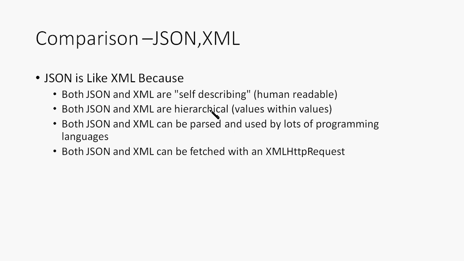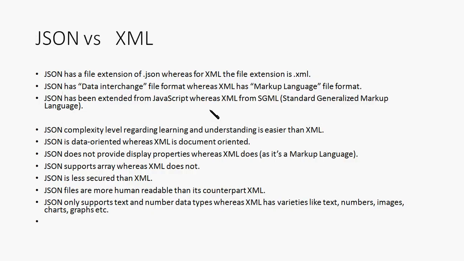Both JSON and XML are hierarchical, that is, in JSON we use brackets to represent the hierarchies, or in the case of XML we use user-defined tags to represent the hierarchical structure. Both JSON and XML can be parsed and used by lots of programming languages, and both can be fetched using XMLHttpRequest. JSON's file extension is .json, but XML's file extension is .xml. JSON is a data interchange file format.